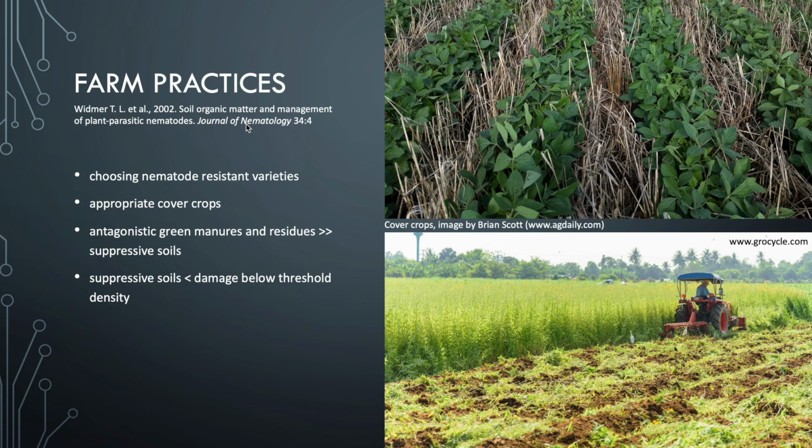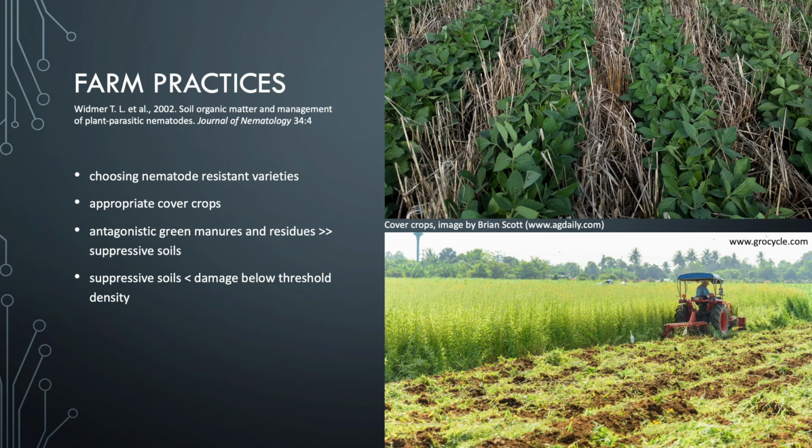So obviously, to increase organic matter in the soil, we need to have plant matter. And the best way to have plant matter in the soil is to plant it. So basically, growing plants and allowing those plants to be turned into organic matter is what will increase organic matter in the soil.